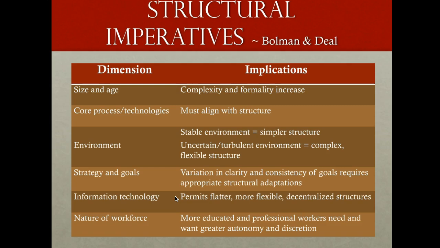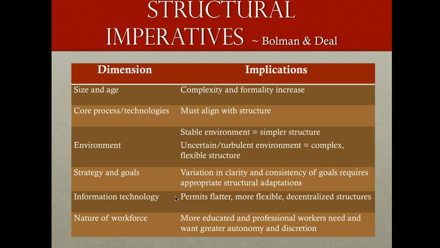Strategies and goals, the variation and clarity, consistency of goals requires appropriate structural adaptation. So what is our strategy for getting things done? And are we consistently moving towards our goal? Information technology, this permits flatter, more flexible, decentralized structures in organizations, especially when information is the main thing shared in that organization.